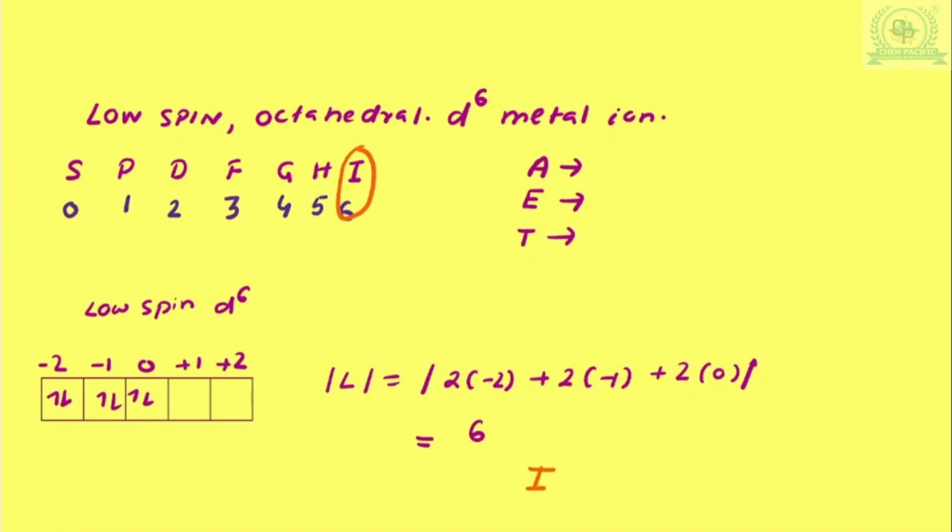Since the number of unpaired electrons in this case is 0, n is equal to 0, and therefore 2S plus 1 is 2 into 0 plus 1, which is equal to 1. So the term symbol is 1I. Now we have to discuss how this 1I splits.